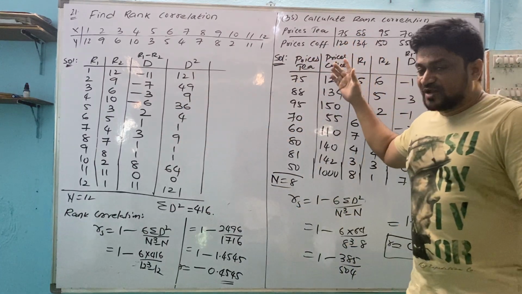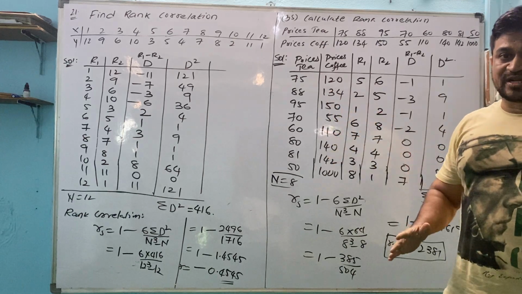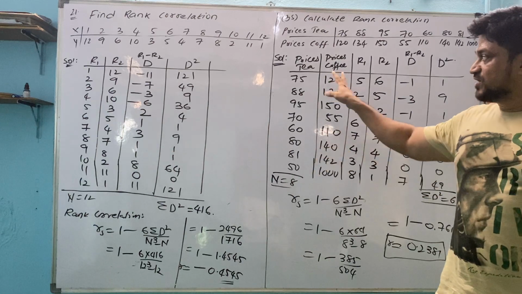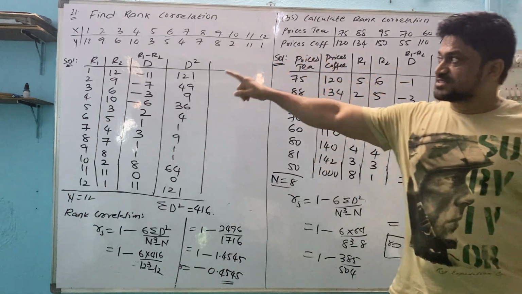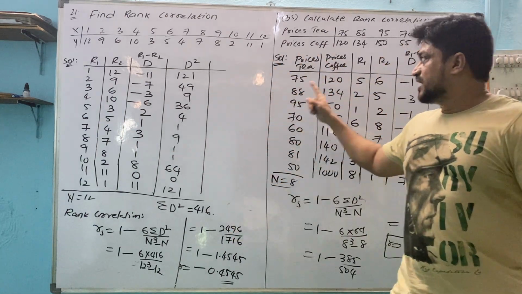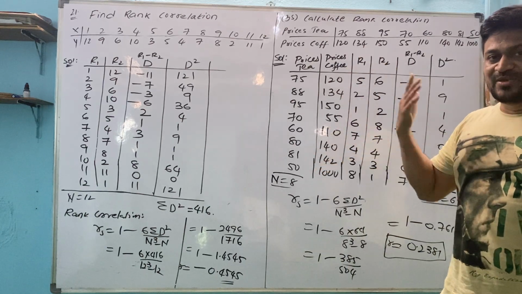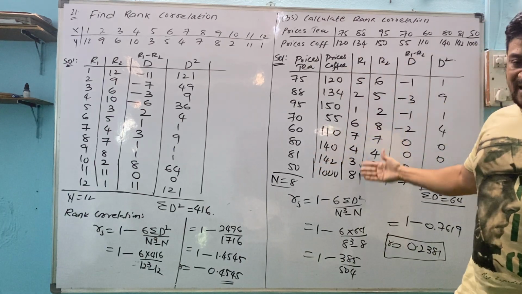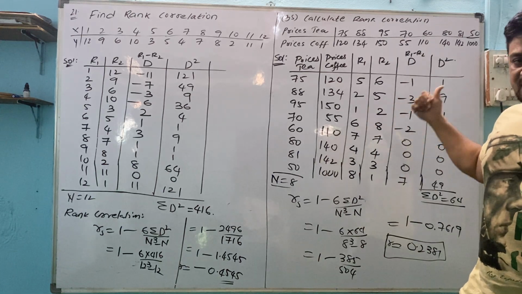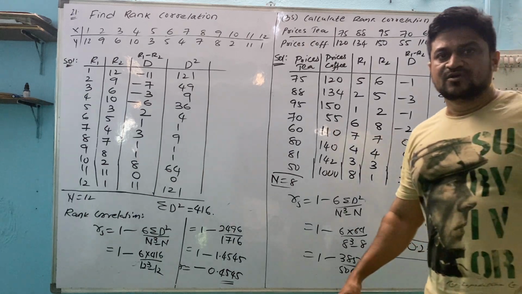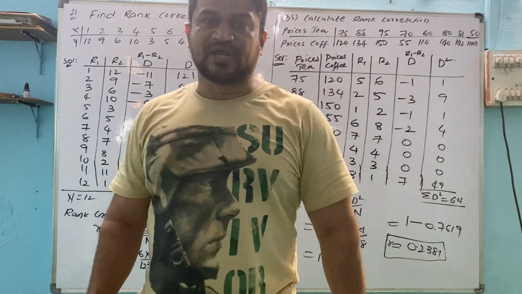Here we also calculated rank correlation when ranks are not repeated and not given, so we have to find the ranks. Here ranks are given, so we can do it directly. Here ranks are not given, prices or marks are given to you. Based on the marks you can find ranks, then the difference of ranks, the square of the difference of ranks, then we can find rank correlation. Watch those videos 2-3 times and you will get this easily.